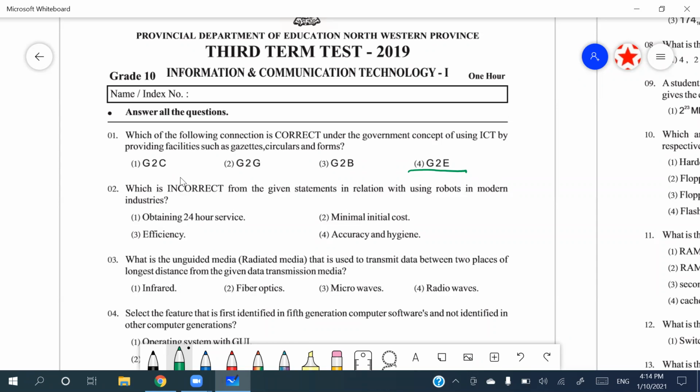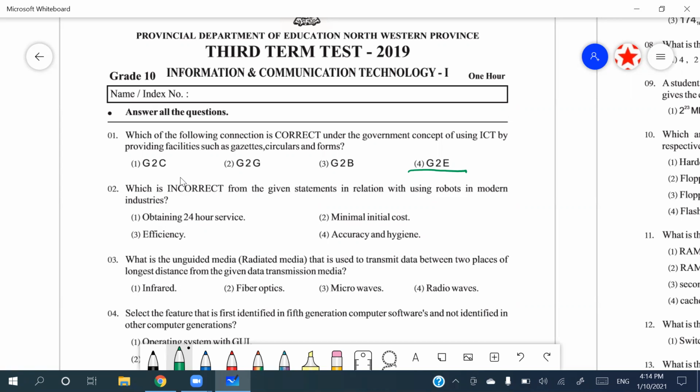So we call it a G2G transaction or G2G connection. And G2B stands for government to business. So those are the loan facilities, banking services, those kinds of things, which are given by the government to the businesses. So those are in G2B.